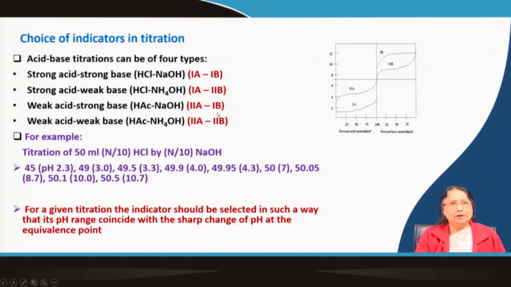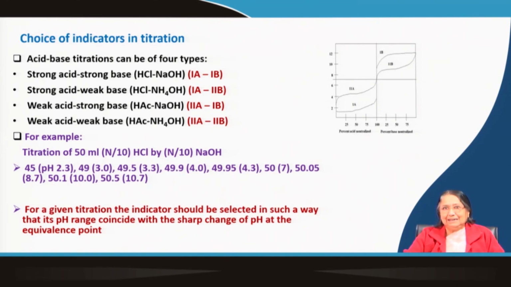So, for a given titration the indicator should be selected in such a way that its pH range coincides with the sharp change of pH at the equivalence point. So, it is your job to choose, there are so many options. Depending on which titration you are doing, you have to select the proper indicator, otherwise you cannot do the titration. This is very important.